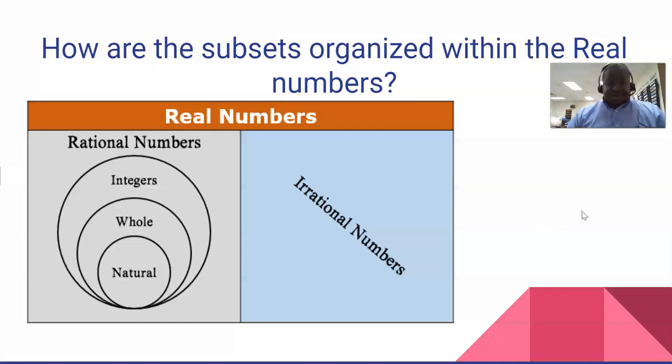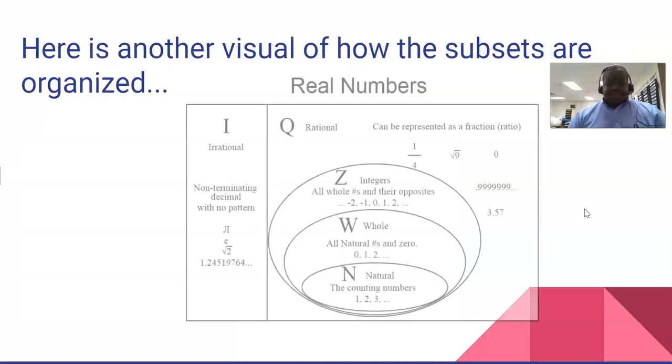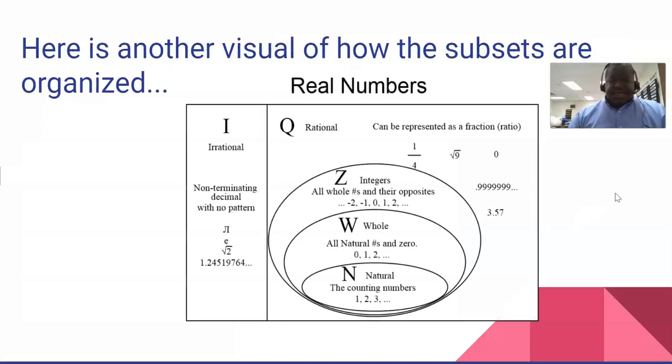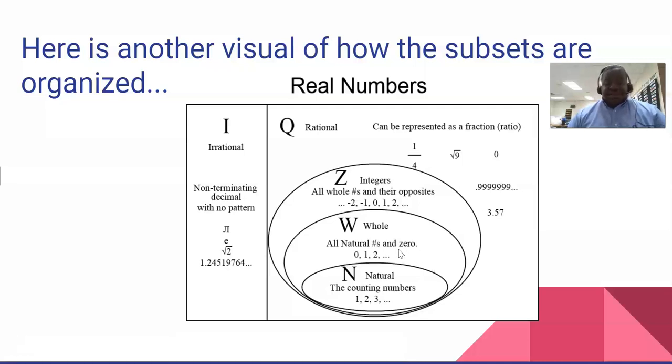Let's look at one more visual to see how that's going to work. The reason I included this visual in the slide deck is because it gives you some of those sets and some of the definitions that we talked about, along with examples, so you can see what goes where. You see the natural or counting numbers; whole numbers are all the natural numbers and zero; integers are all the whole numbers and their opposites, just meaning putting the negatives in front.